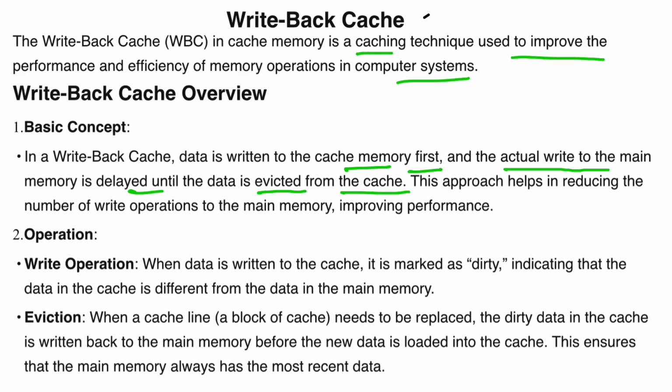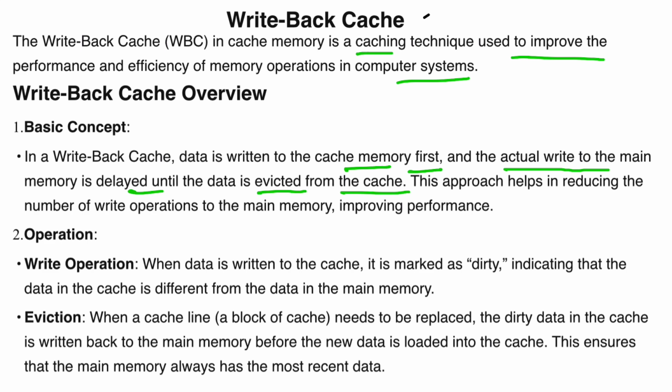This approach helps in reducing the number of write operations in main memory, improving the performance. So due to this, fewer write operations will be performed in main memory, so its performance will be improved.